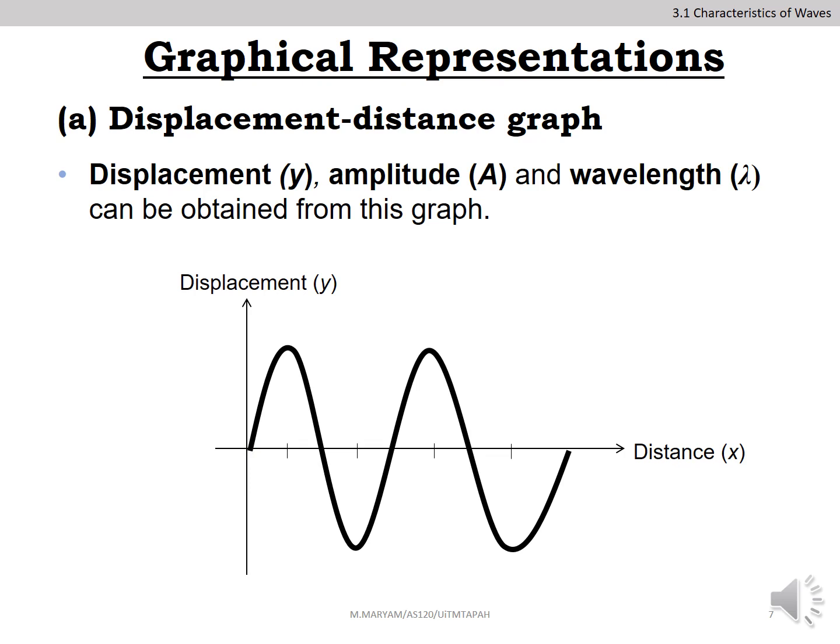For example, if you start here at 0 and end here, we can find the wavelength. Or you can use this part to this part, also we can find lambda here. This is amplitude, above or below, it depends on you which one you want to take, as long as you know.